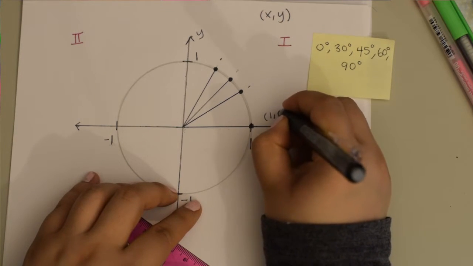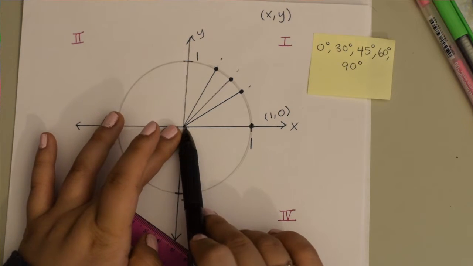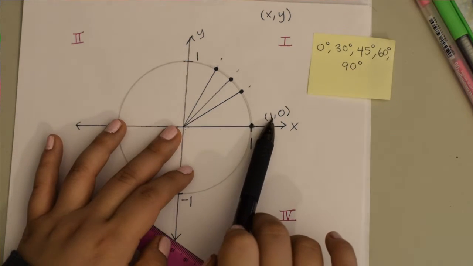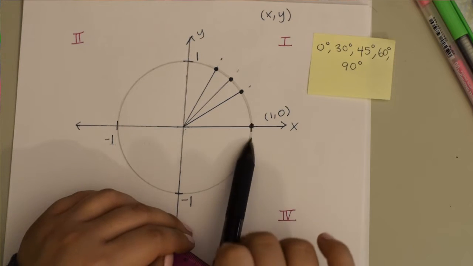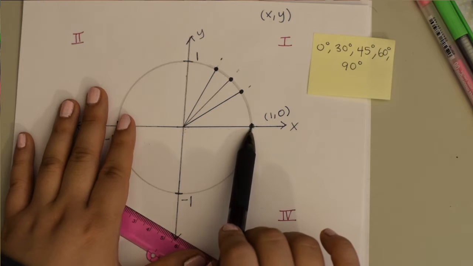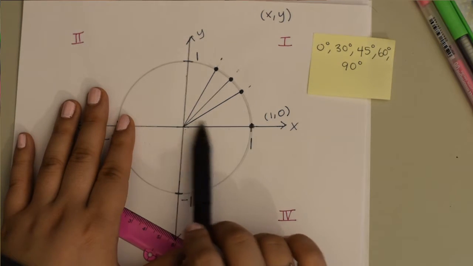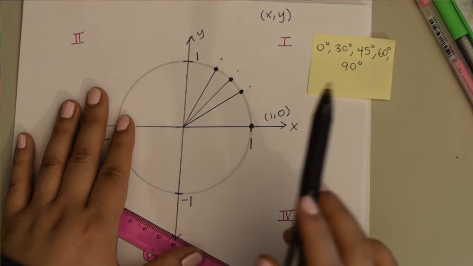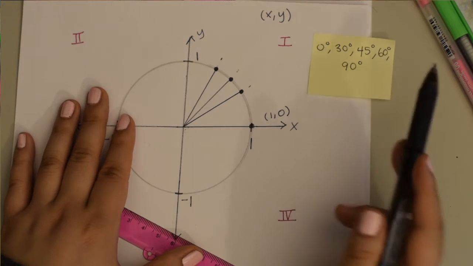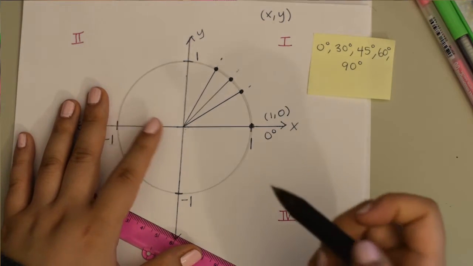You can either think of that as starting at 0, 0 and going right 1 unit, so positive 1, and not going up or down anywhere, so 0. Or you can just read straight off the x-axis and see a 1. So 1, 0 is associated with 0 degrees, right?